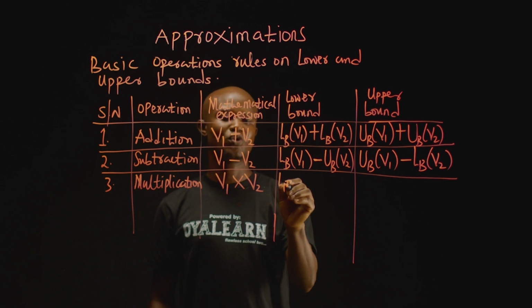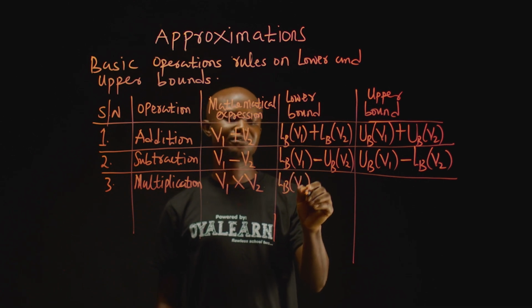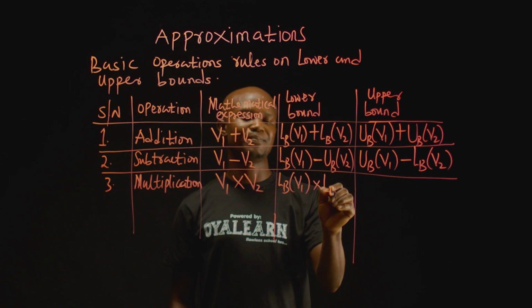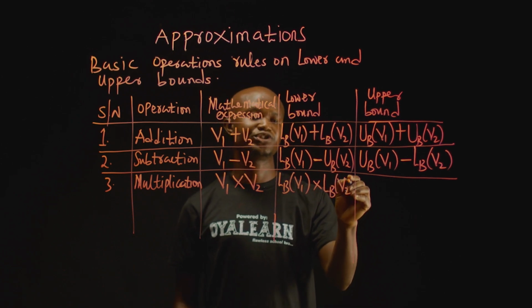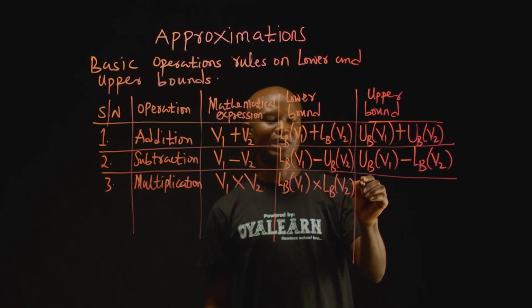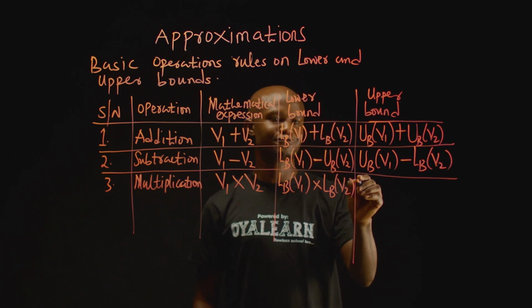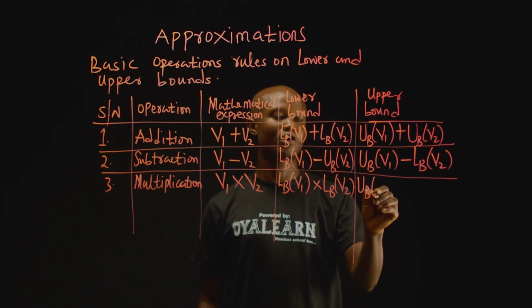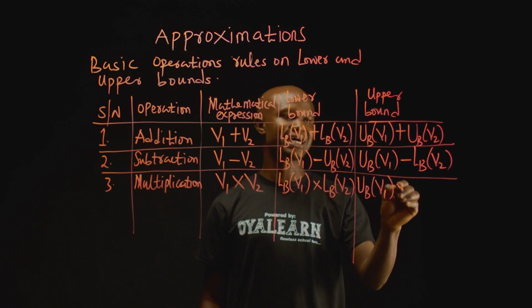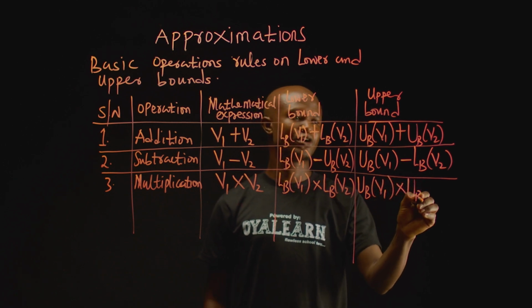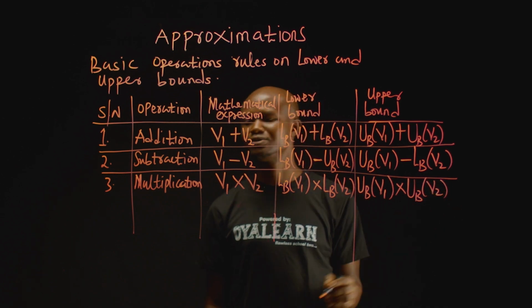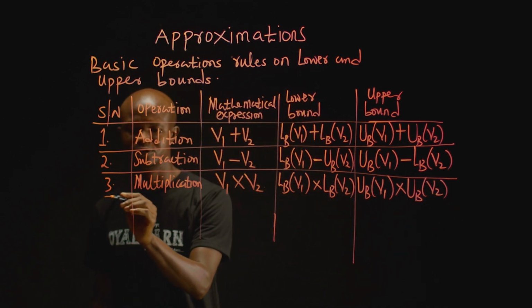That is lower band of V1 times lower band of V2. And for the upper band, we have upper band of V1 times upper band of V2. That's for multiplication.